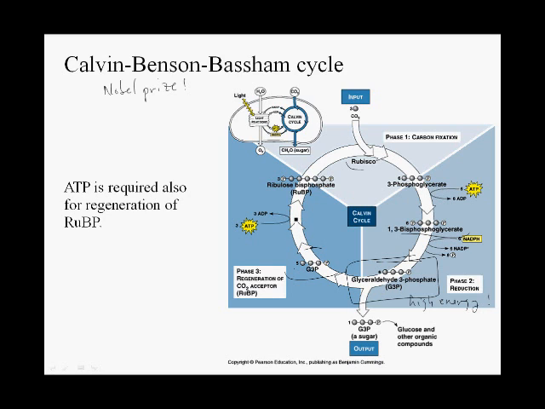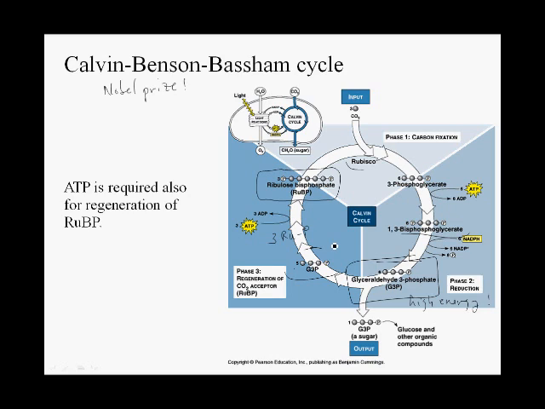What then happens is a complex series of rearrangements, where you get 3 molecules of ribulose phosphate. So 3 5-carbon sugars with 1 phosphate each. These are then each phosphorylated using a phosphate from ATP to regenerate 3 molecules of RuBP.